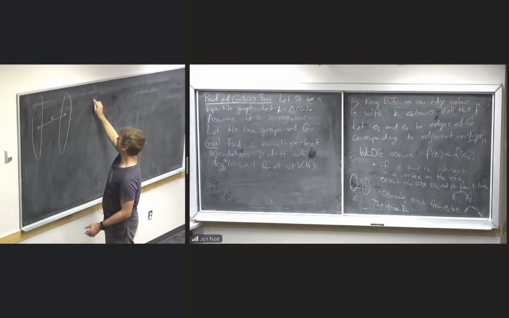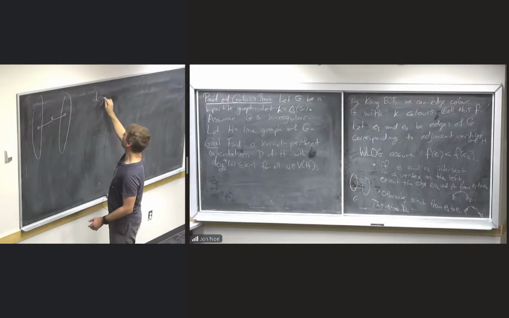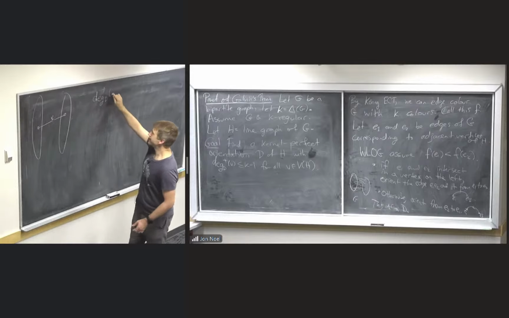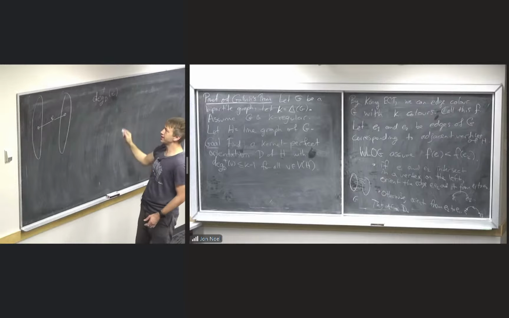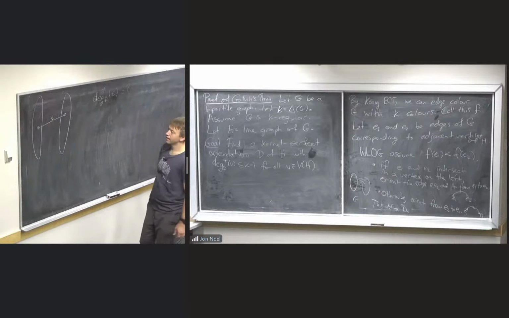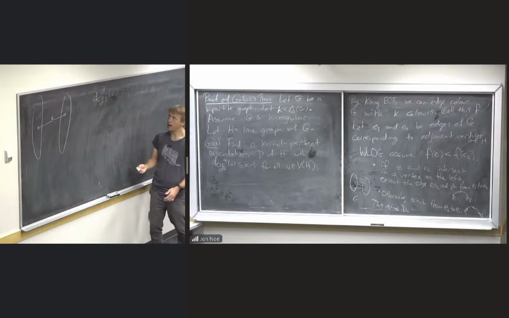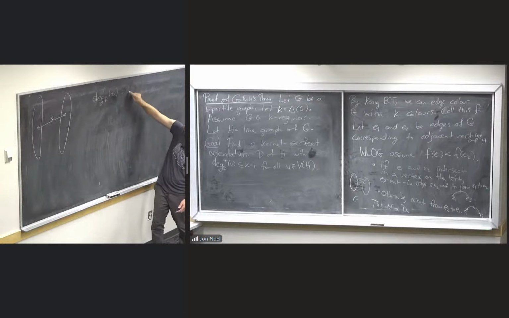What is my out degree in D of the edge E? I'm actually pretty sure this is exactly k minus 1.